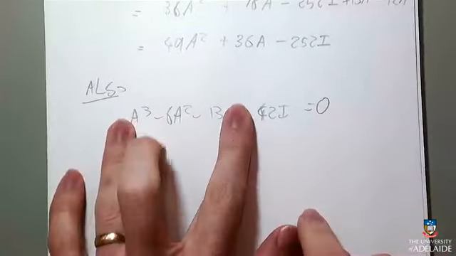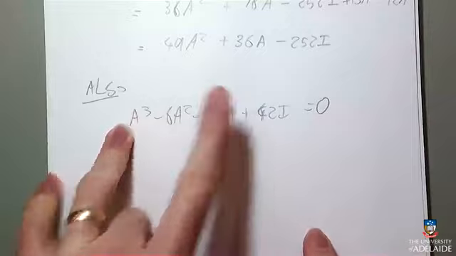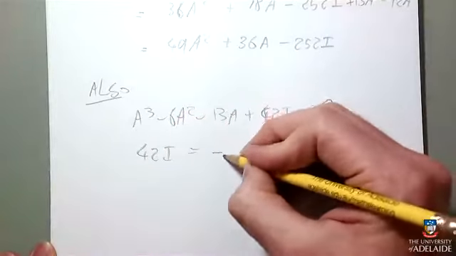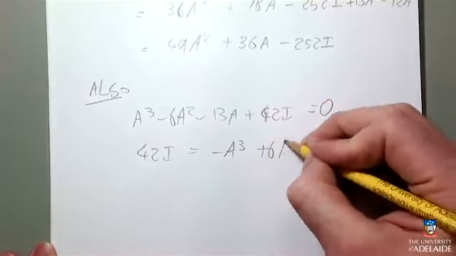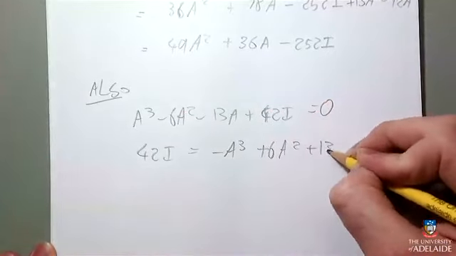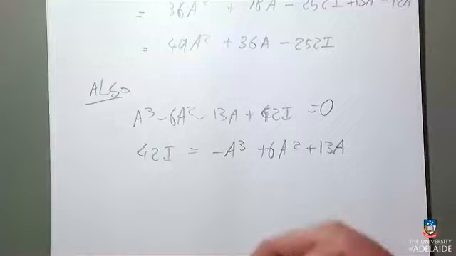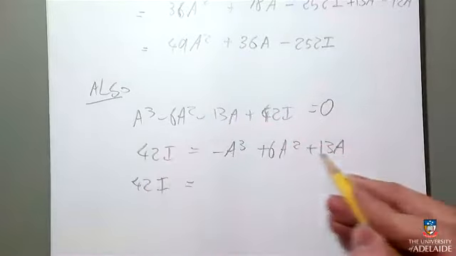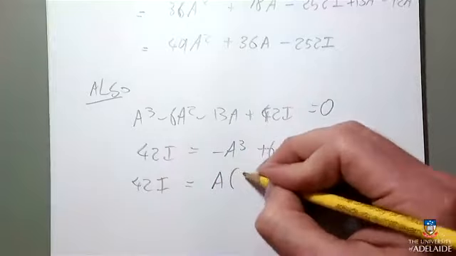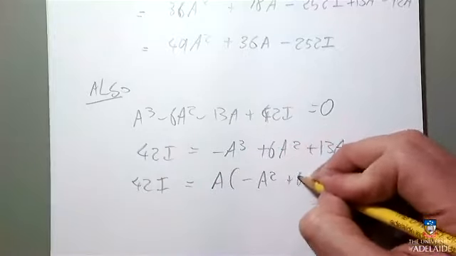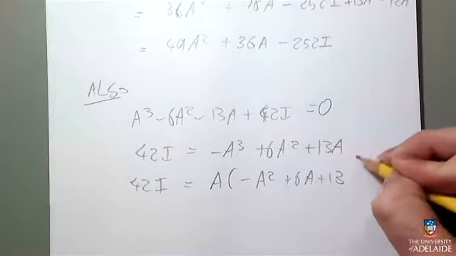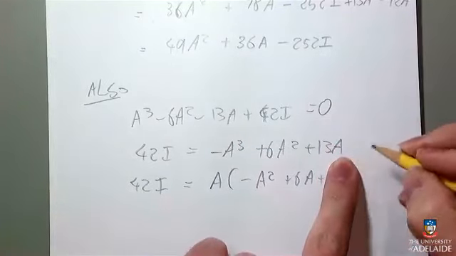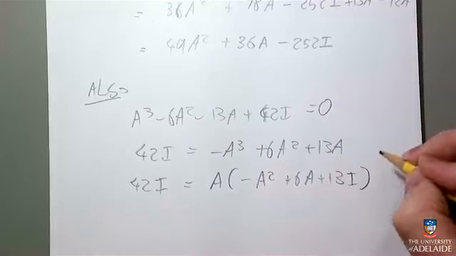I can remove all of these things from over here and then end up on the other side. And then I could take an a out of all of this. Now, a is a times the identity, right? So if I remove an a from it, I'm going to be left with an i.